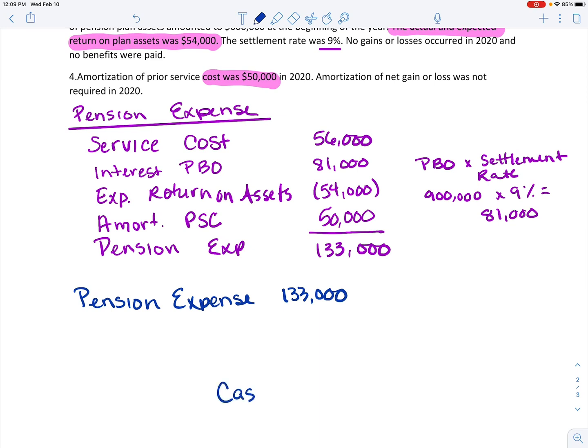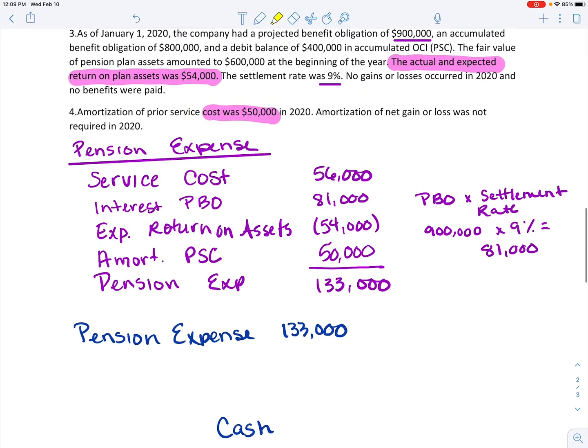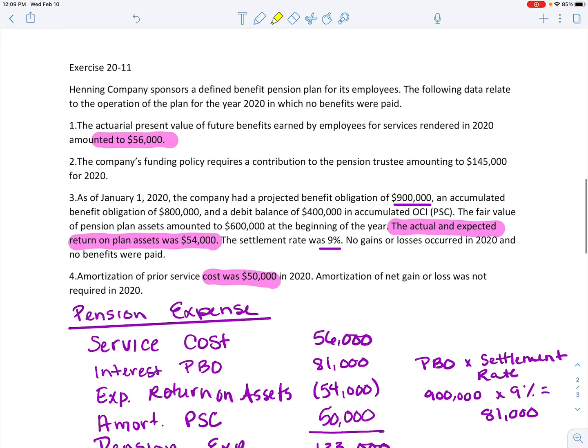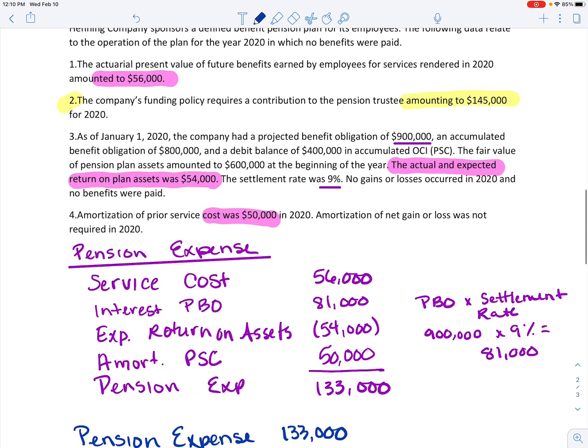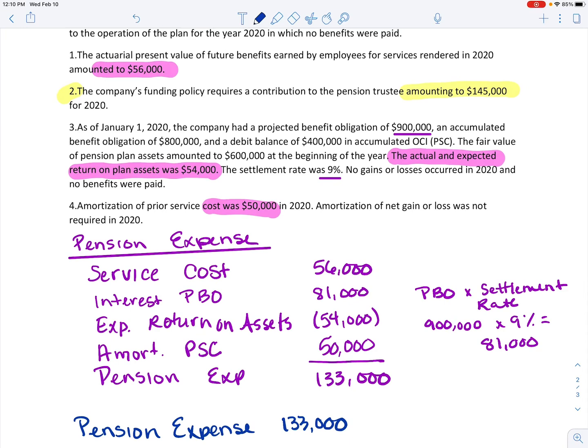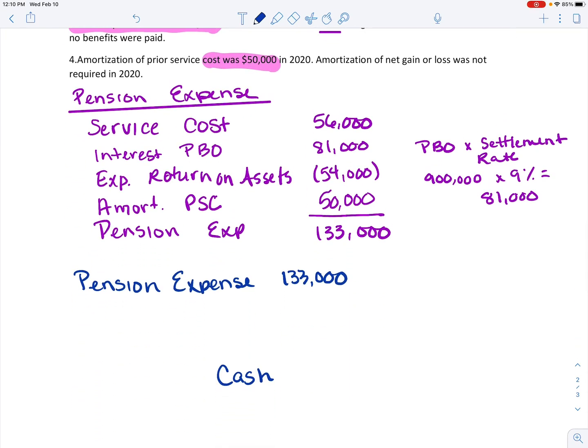I have a cash value that I have to pay. I'm going to come up here and look for that amount in all of the words that they give me. So they tell us the company's funding policy in number 2 here requires a contribution amounting to $145,000. So I know the cash that I'm going to pay is $145,000.